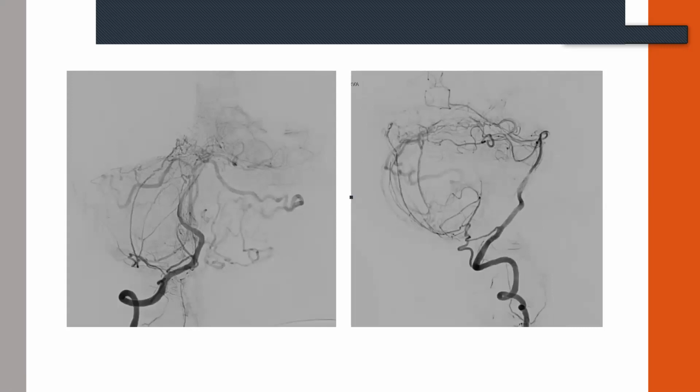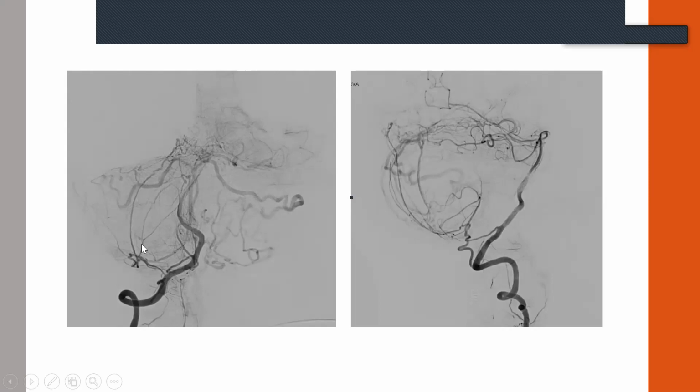The posterior meningeal artery supplies the dura of the posterior fossa and the occipital lobe, and this fistula system was recruiting that. You can see all those lines on the surface of the cerebellum are abnormally ectatic veins.